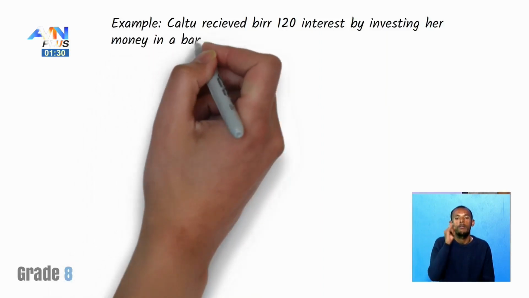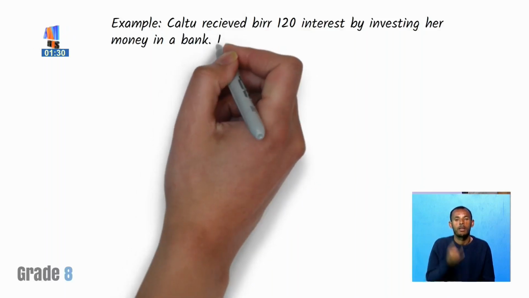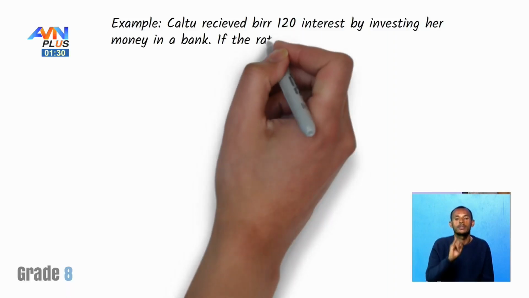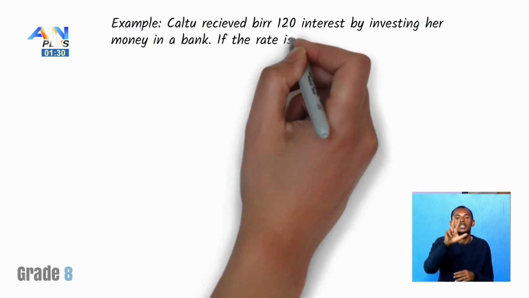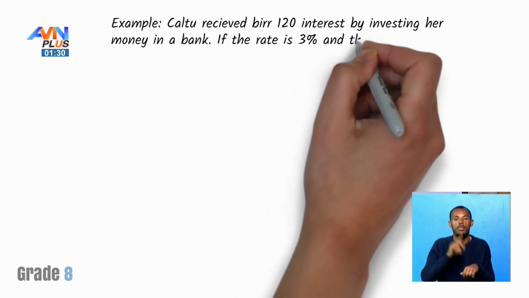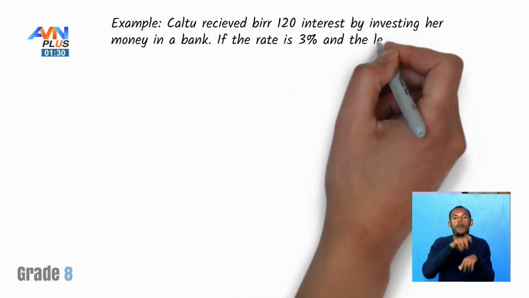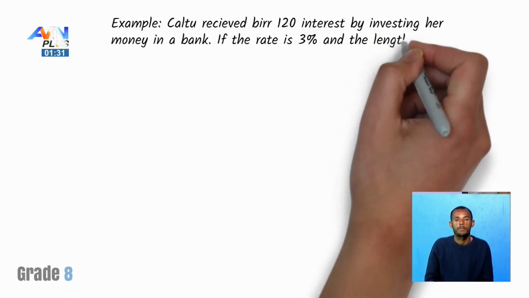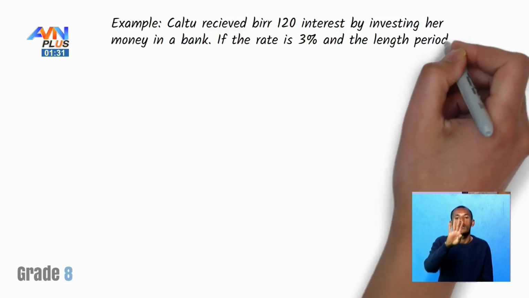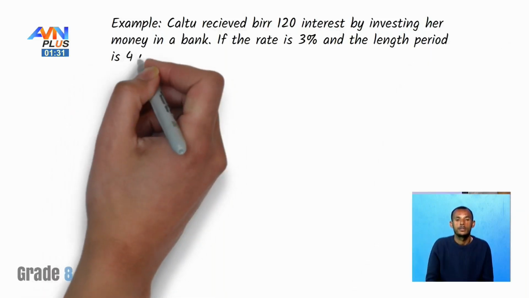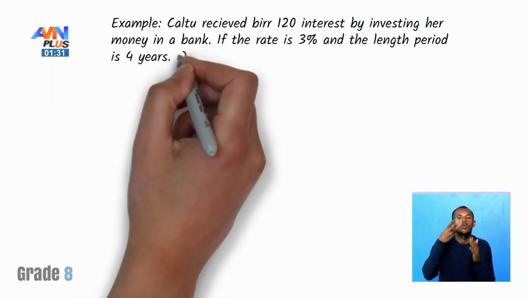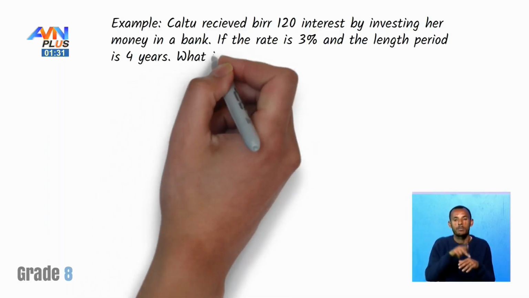If the rate is 3% and the length of period is 4 years, what was the principal amount of money that she invested in a bank?